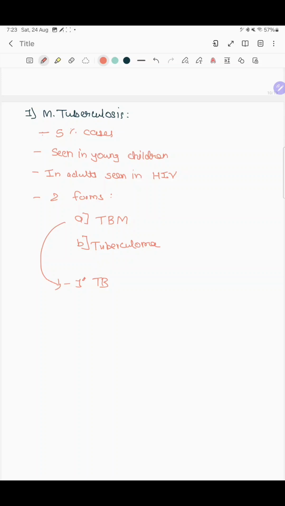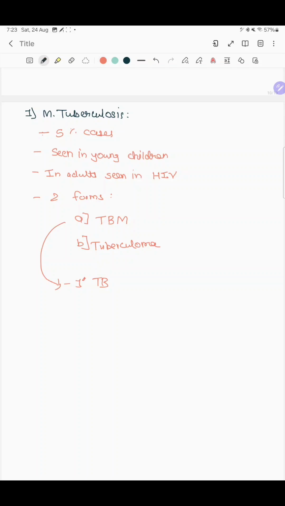There could be cranial nerve paralysis, which can lead to coma, or hydrocephalus, which is accumulation of CSF in the ventricles, or even intracranial hypertension. Now tuberculoma causes space occupying lesions and can lead to seizures or focal signs.